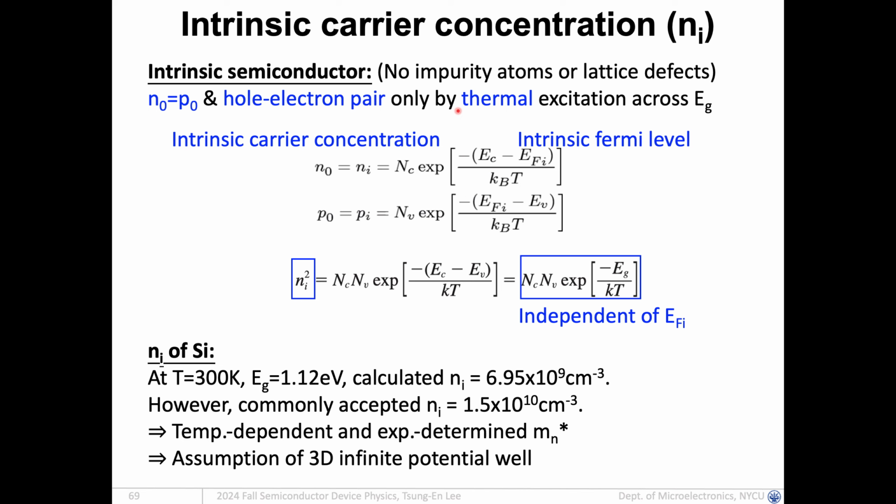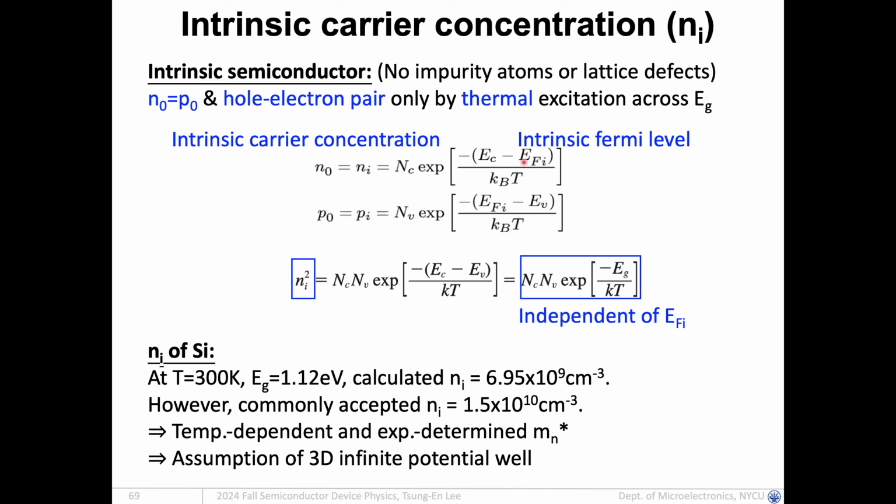It means that the amount of holes formed is the same as the amount of electrons formed. That is why the electron carrier concentration should be the same as the intrinsic carrier concentration in an intrinsic semiconductor, and so is the hole carrier concentration.